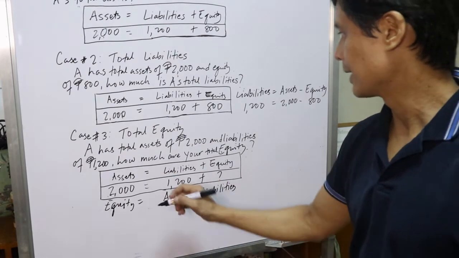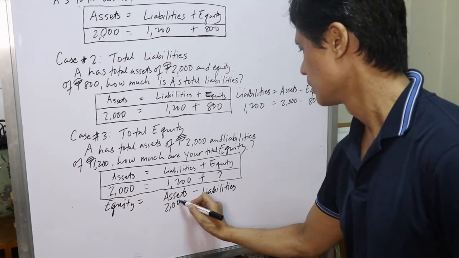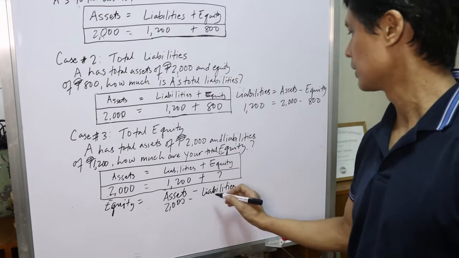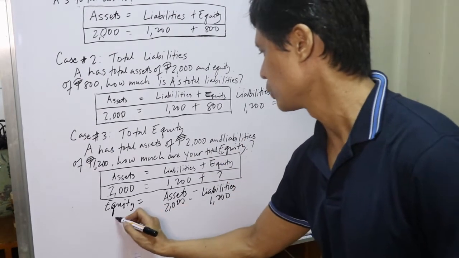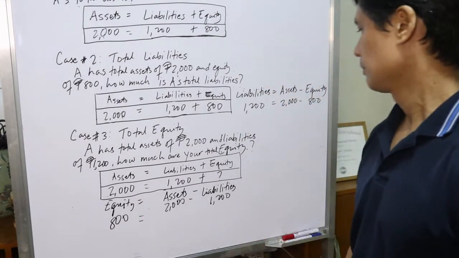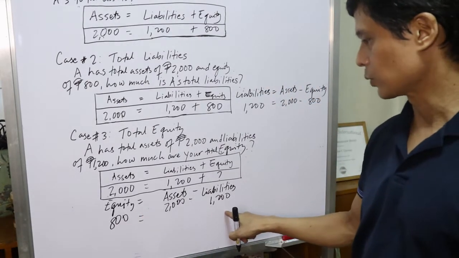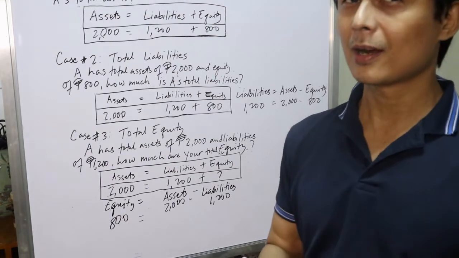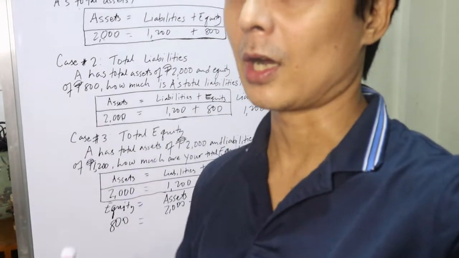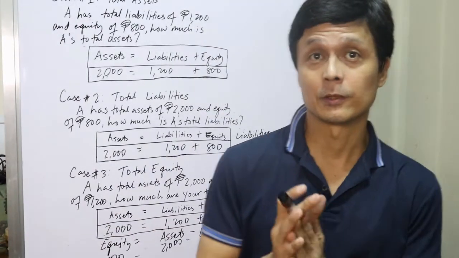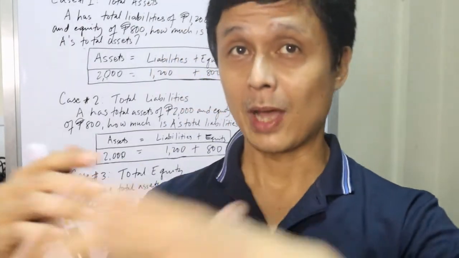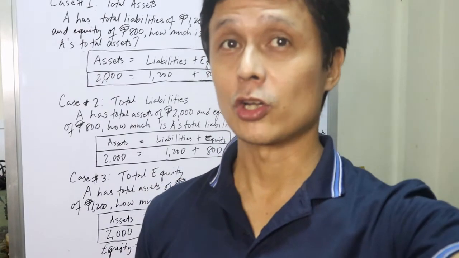So, if the asset is 2,000 and your liabilities is 1,200, so now this gives you 800. Okay, so 2,000 less 1,200 is 800. So, there are a lot of variations you can use dun sa accounting equation na yon, depending on kung sino yung missing. No, so, we'll have more cases on this one.